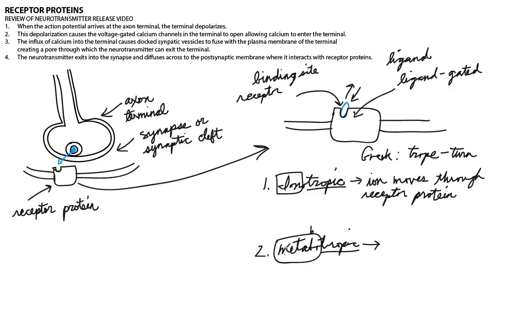Or the second possibility is that it binds to a metabotropic receptor protein, and that will produce some sort of change in the chemistry of the neuron, which will eventually lead to a change in the flow of ions. Not a direct change in the flow, but an indirect change in the flow of the ions. So that's it for this particular video. In the next video, we'll examine ionotropic receptors in a lot more detail.